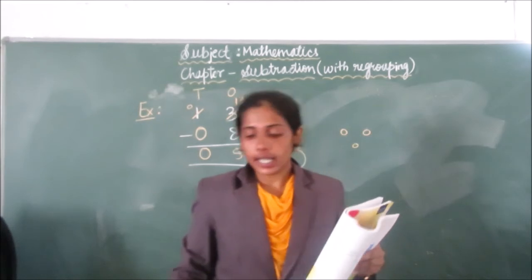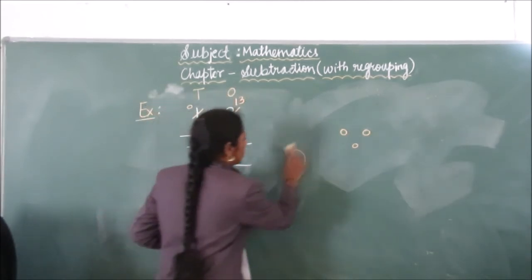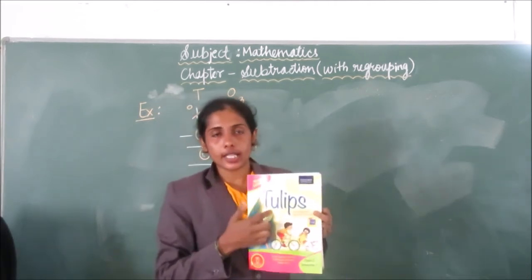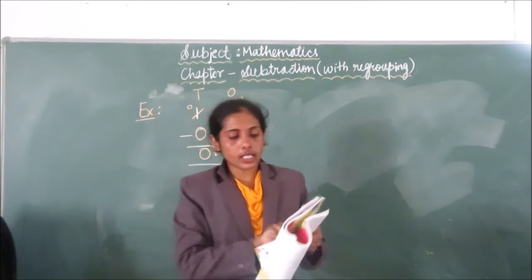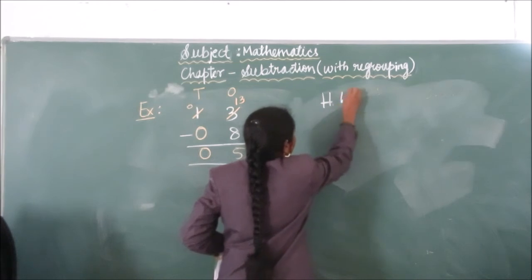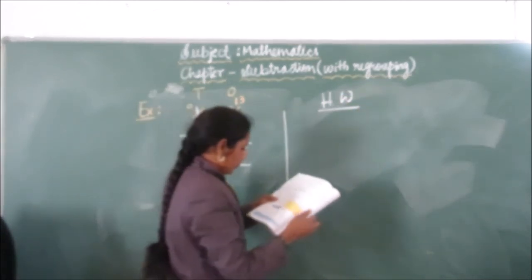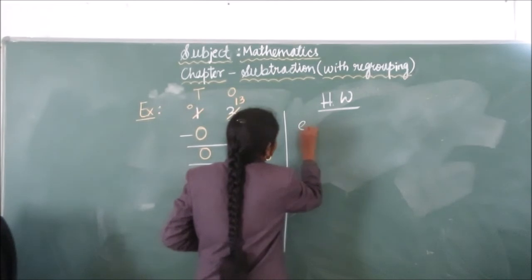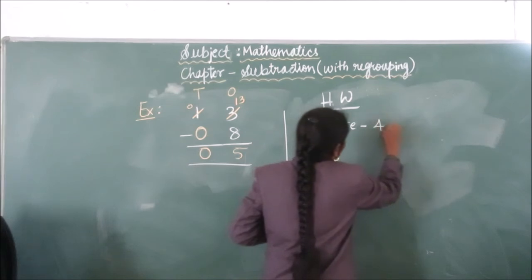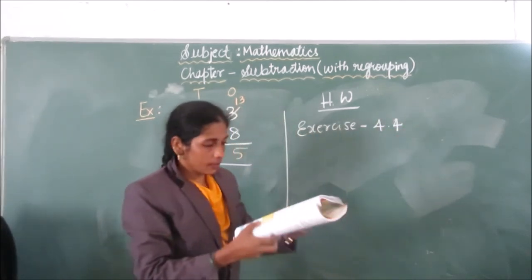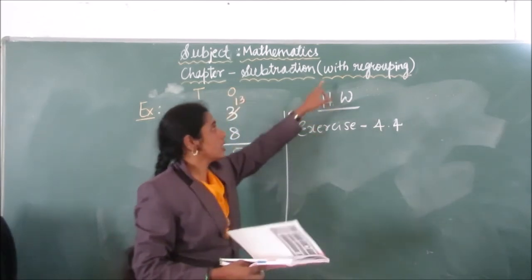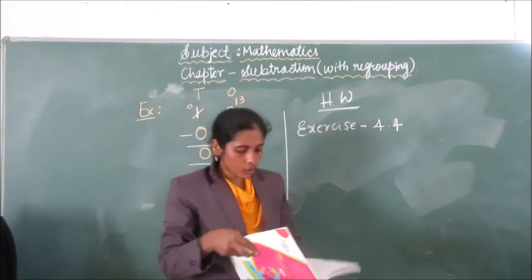I will tell you the homework in your textbook, Tulip. The homework is exercise 4.4, having 10 sums, the same kind, with regrouping, which you can solve.